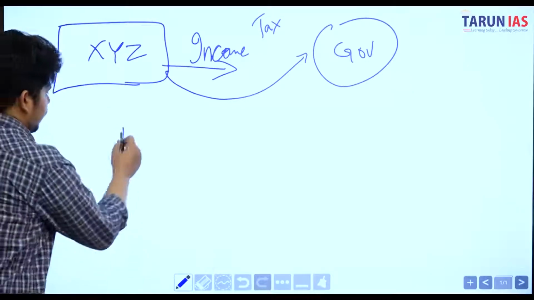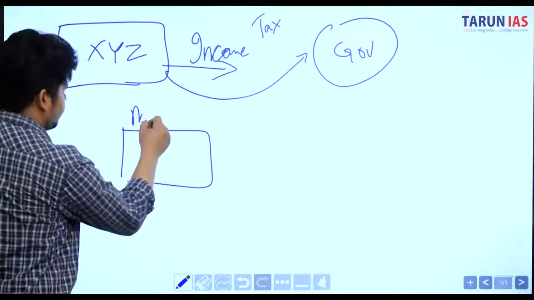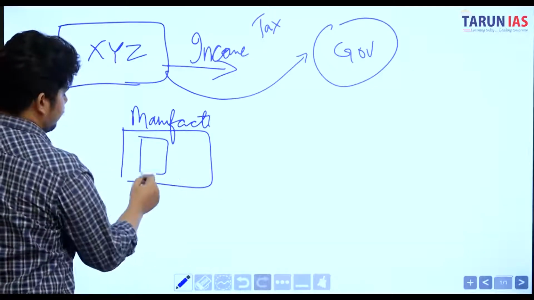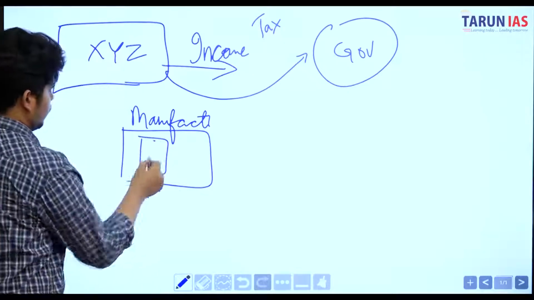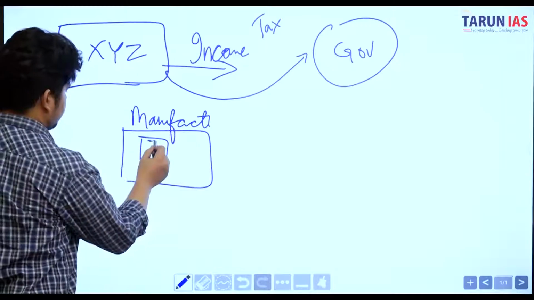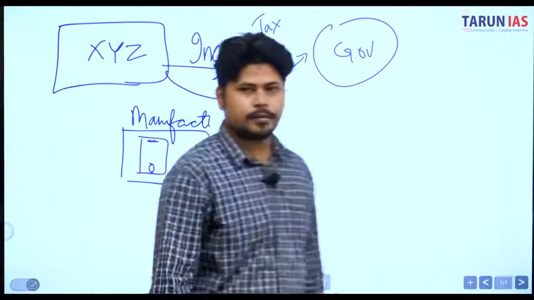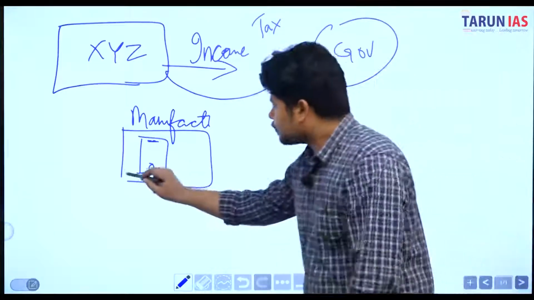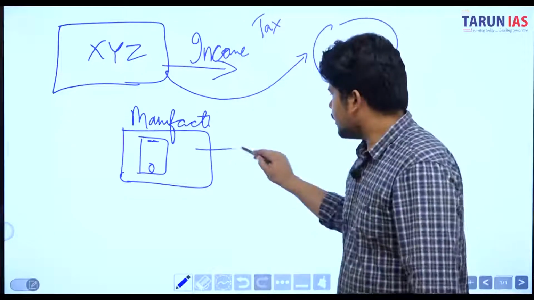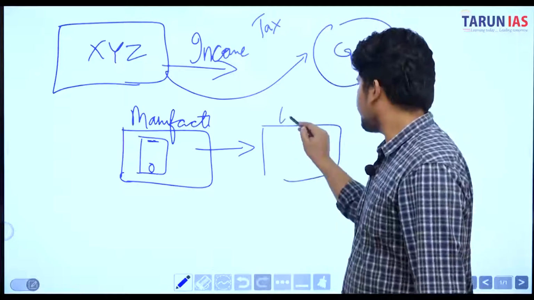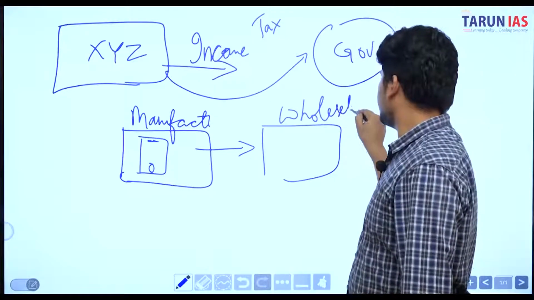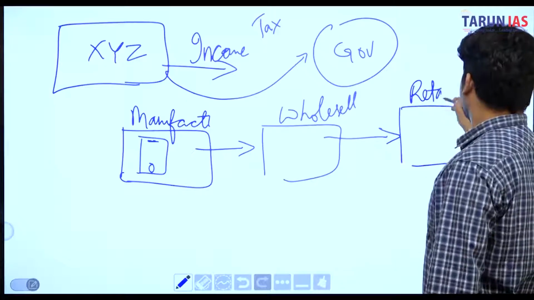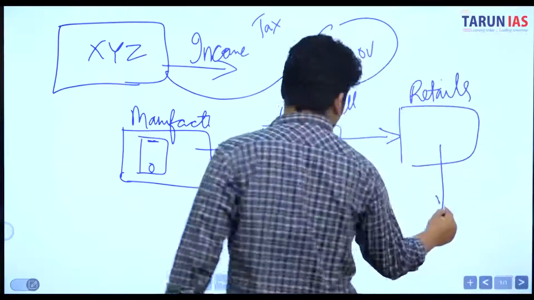But there is a manufacturer of mobile phones. They manufacture a phone, and they sell it to the wholesaler. The wholesaler sells it to the retailer, and the retailer sells it to the customer.